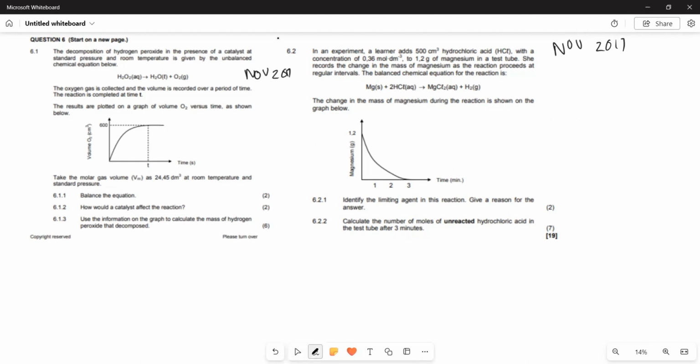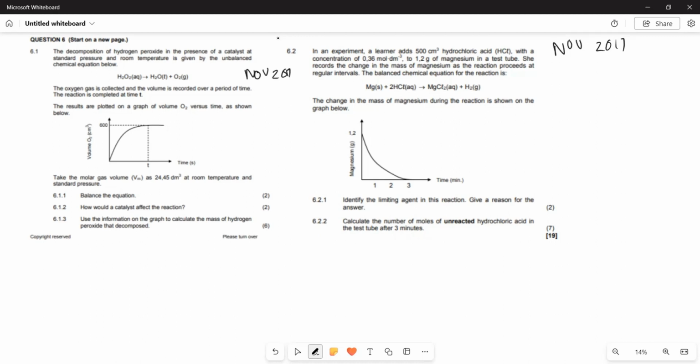Now let's start. The first one, they say 6.1: the decomposition of hydrogen peroxide in the presence of a catalyst at standard pressure and room temperature is given by an unbalanced reaction. The oxygen gas is collected and the volume is recorded over a period of time.